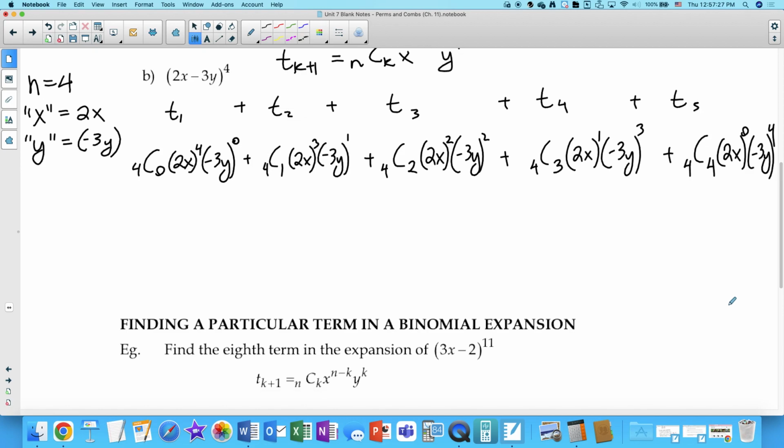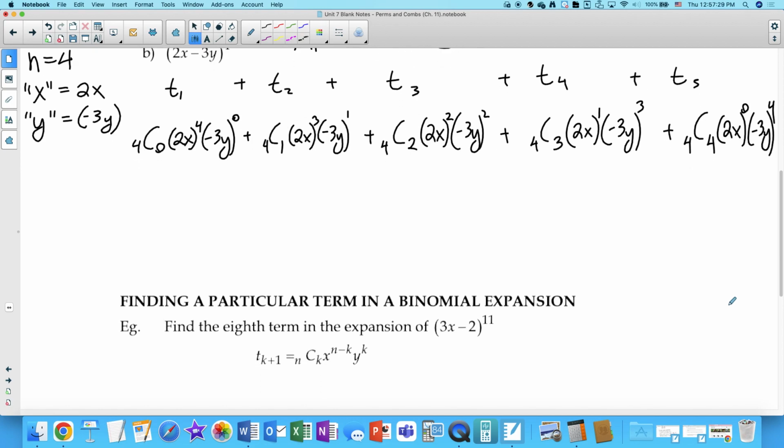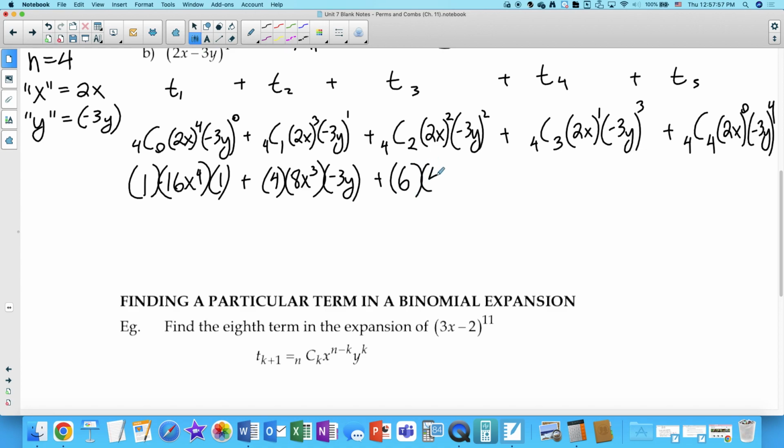Okay, and so now I'm just going to simplify each term. So this one is 1 times 16x to the 4 times 1. Second one is 4 times 8x cubed times negative 3y. The third term would be 6 times 4x squared times 9y squared.